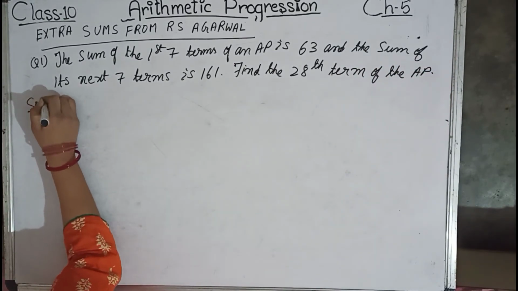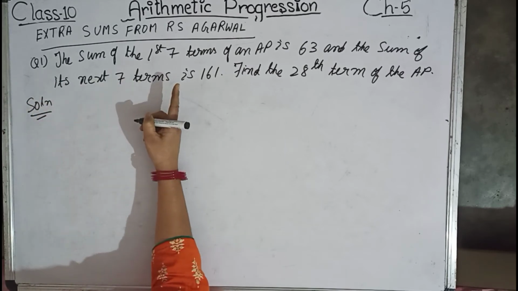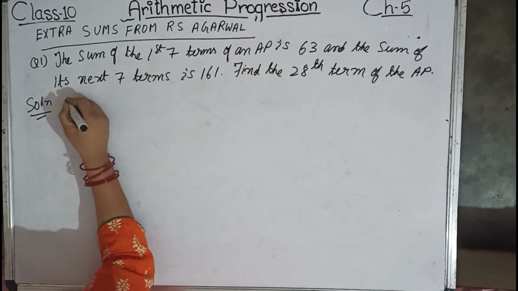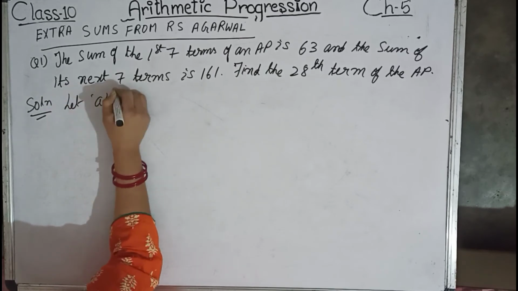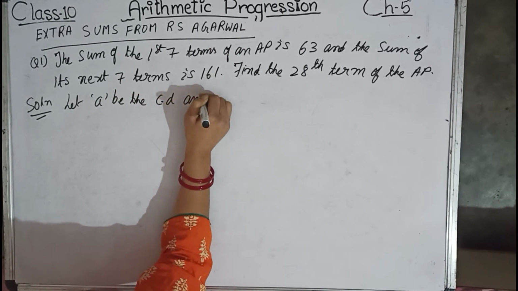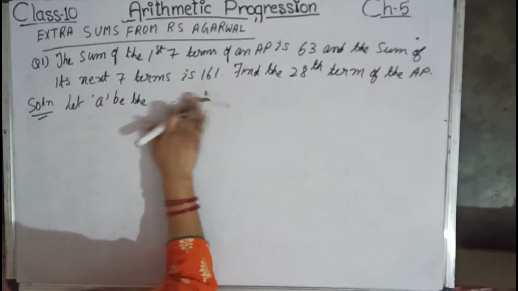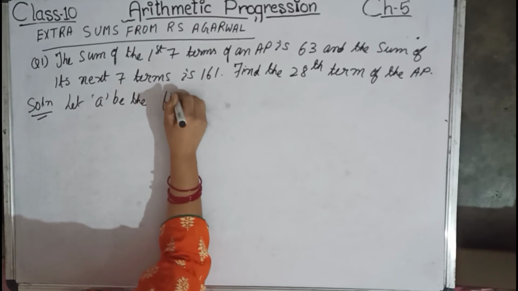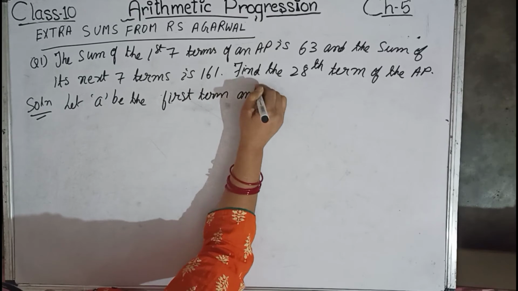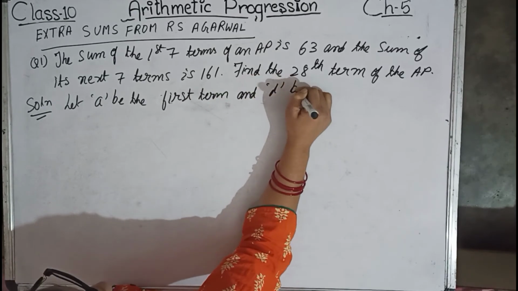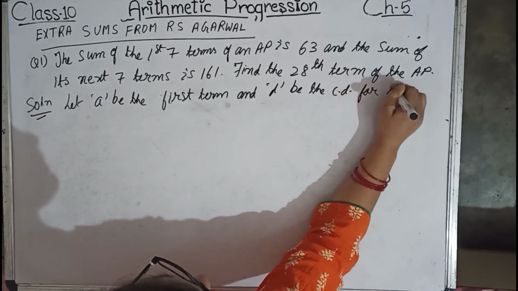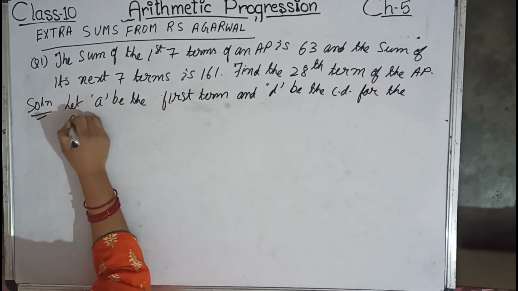Now children, over here the only thing you have to understand is the sum of the first 7 terms of the AP. First, the introduction part: let A be the first term and D be the common difference for the given AP.